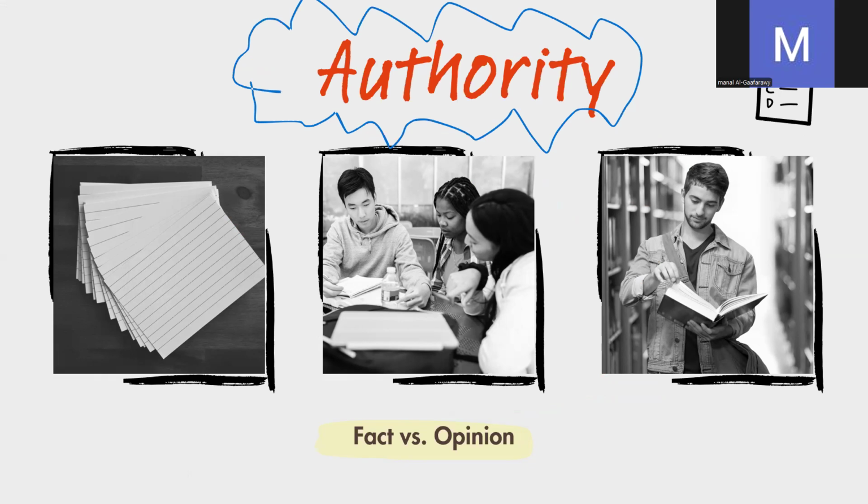And the set of questions under this criterion handle the author or the writer of the source. Who is the writer? Is he or she an expert or a layman just voicing opinions? Because if the source is written or created by an expert, this means that the information is authorized and can be trusted.